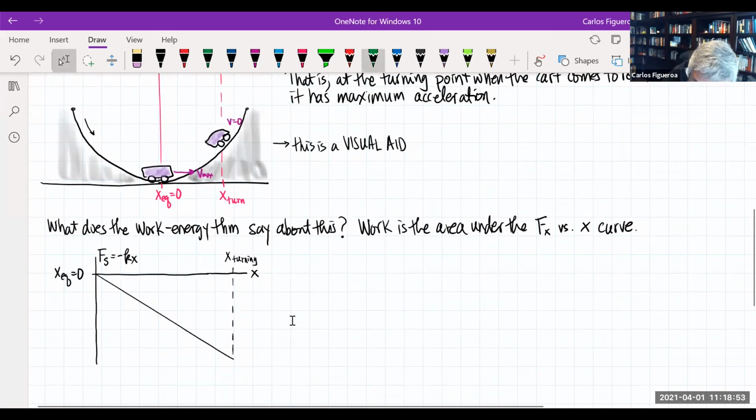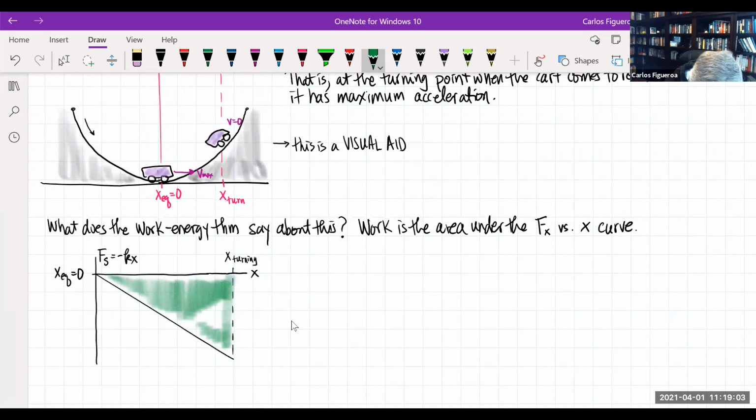So here I go. I'm going to highlight this whole thing. This is the work of the spring. The spring is doing negative work. In this scenario, this is the work of the spring, and it's negative work. So once again, here's my cart.